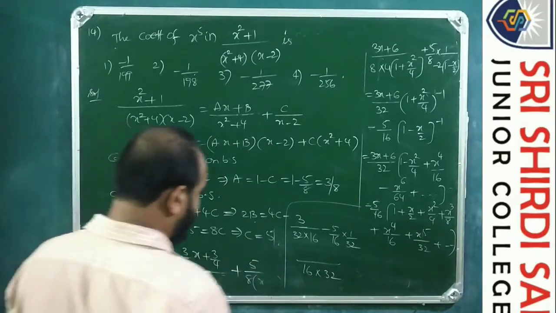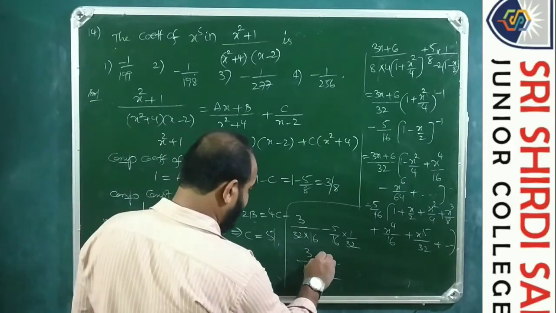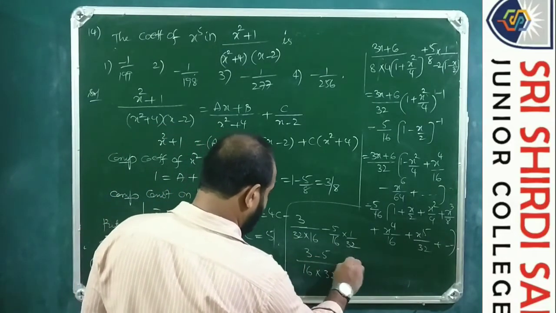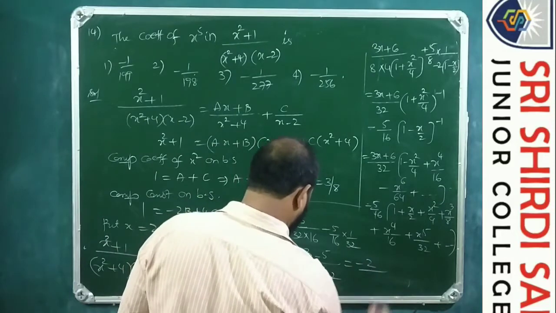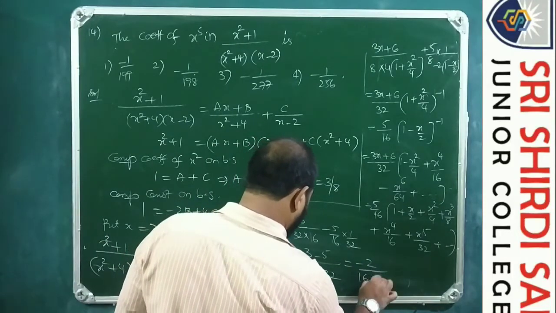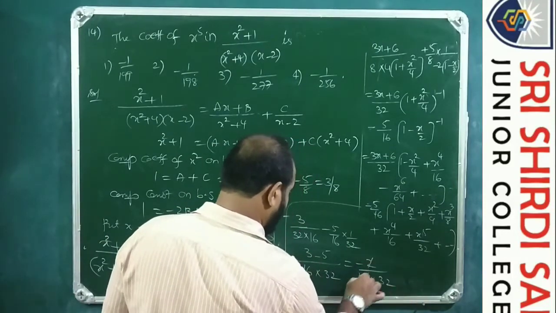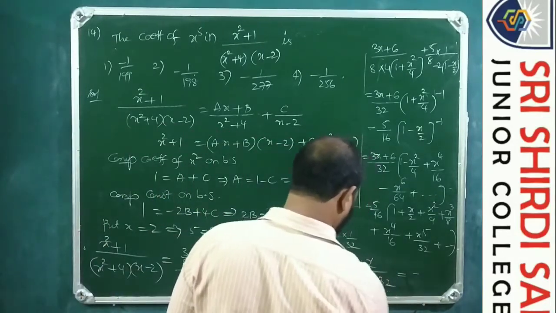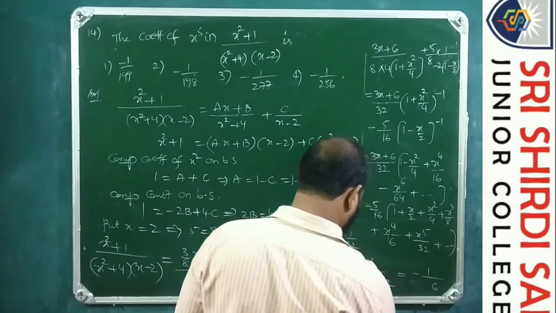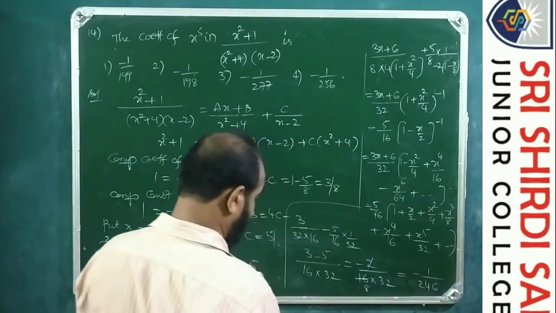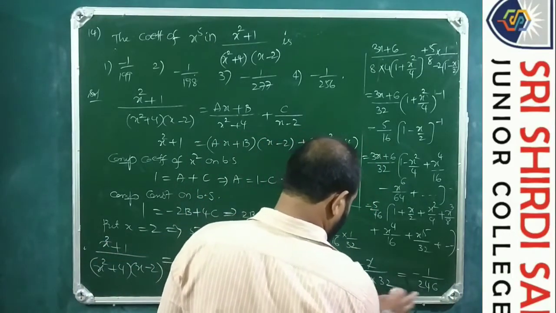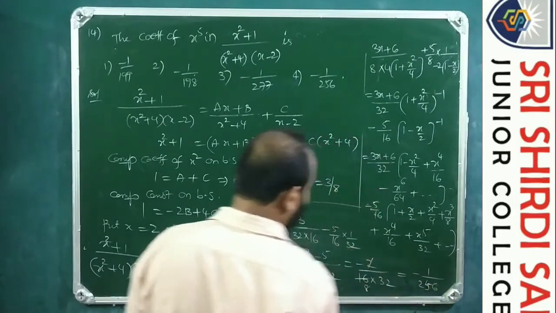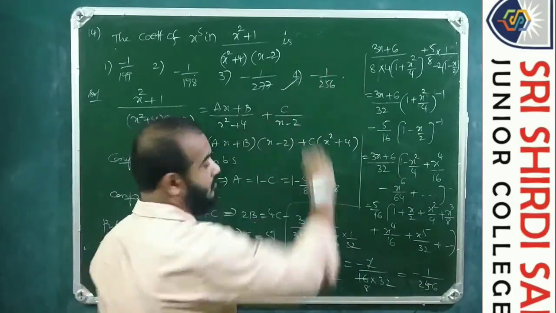So this is equal to 3 minus 5, so this is minus 2/(16 into 32). So 2 eights, so this is minus 1/256. So the option number 4.